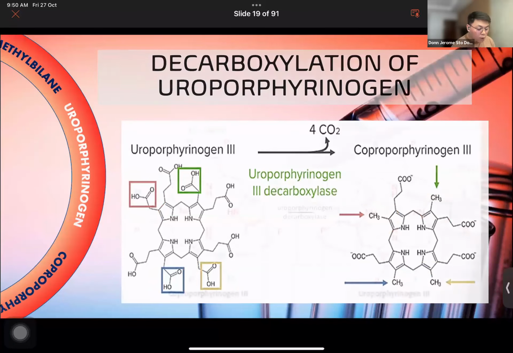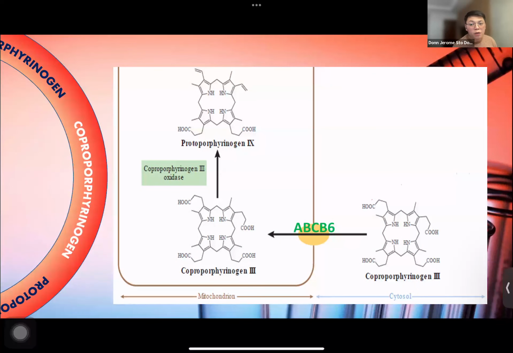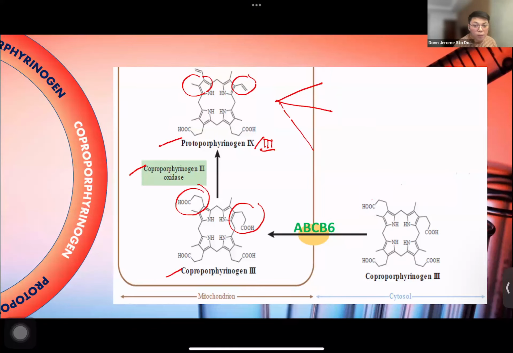All right? Now, coproporphyrinogen would go back to the mitochondria to undergo a series of oxidations, initially from coproporphyrinogen to protoporphyrinogen 9 or protoporphyrinogen 3 with the help of the enzyme coproporphyrinogen oxidase, converting 2 propionate side chains to vinyl side chains, such that the side chains you see in your protoporphyrinogen 9 or protoporphyrinogen 3 are 2 vinyl side chains, yung propionate na bawasan ng 2, 2 propionate side chains, and how many methyl side chains? 4.